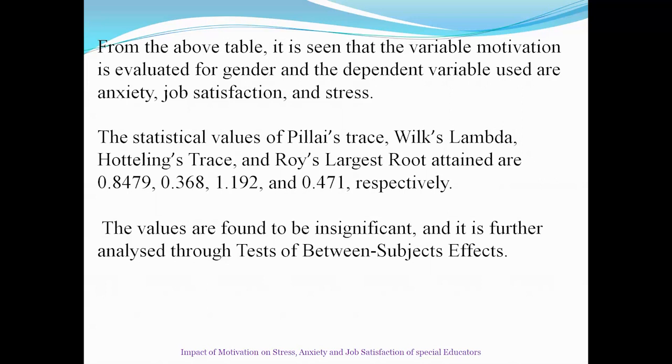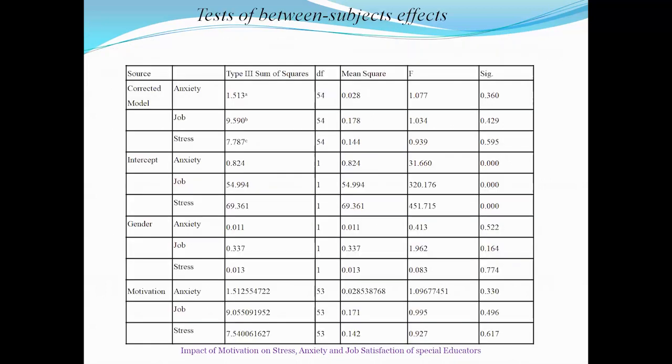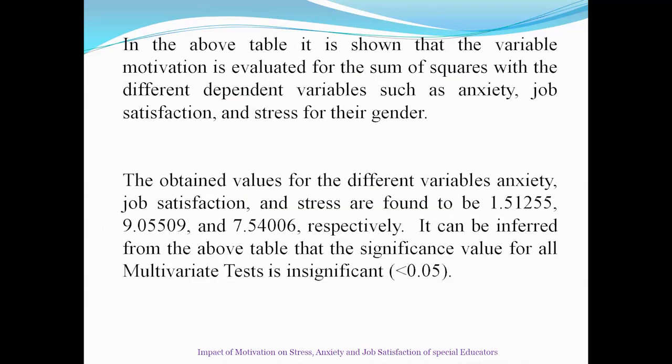Let's see what the test of between-subjects effects shows. Here also, if you look at the significance column, we see all those test results are insignificant. So let's see what the interpretation says. In the above table, it is shown that the variable motivation is evaluated for the sum of squares with the different dependent variables such as anxiety, job satisfaction, and stress for their gender.